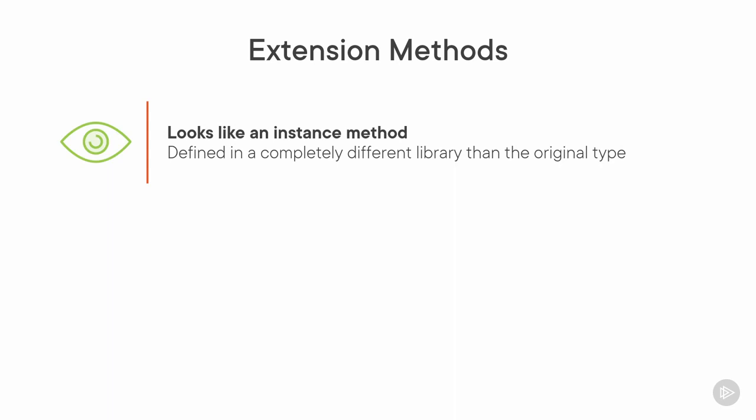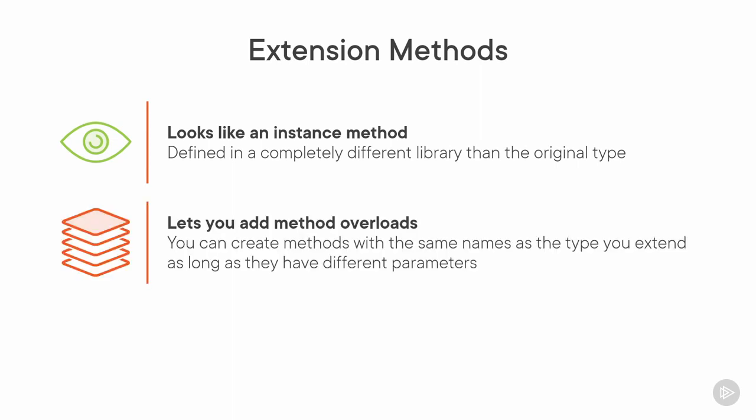Of course, there are multiple ways to build helper classes, but using something called an extension method allows you to create a method in a completely separate library that acts like an instance method on the given type. It can be useful to provide completely new functionality or act as a method overload by accepting different parameters than what the method on the existing type does.